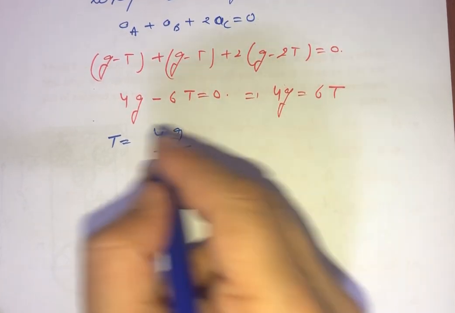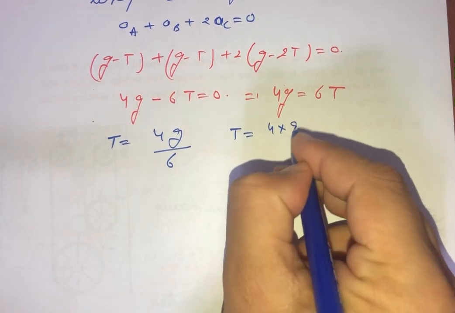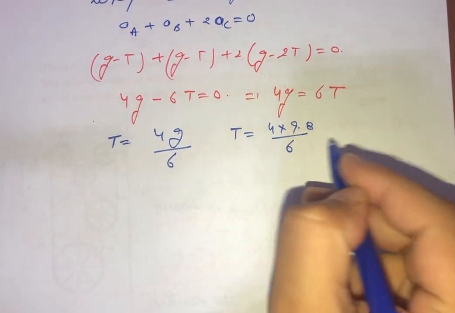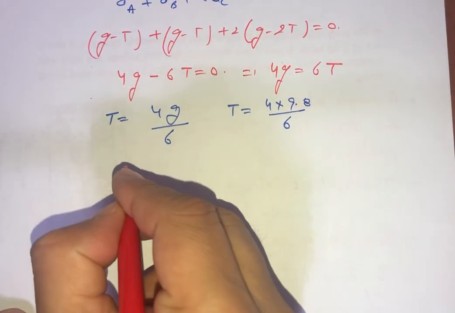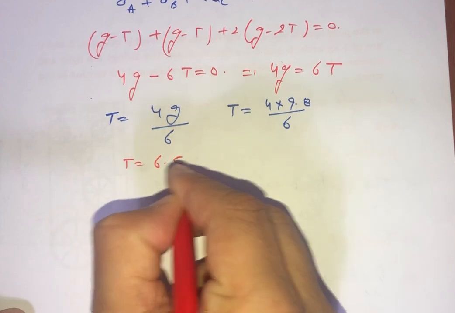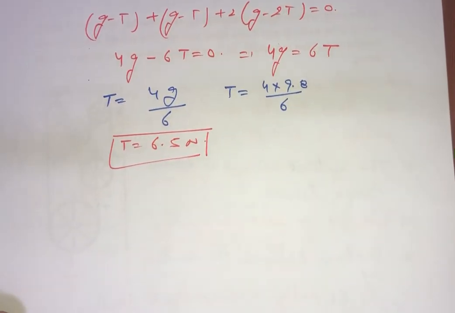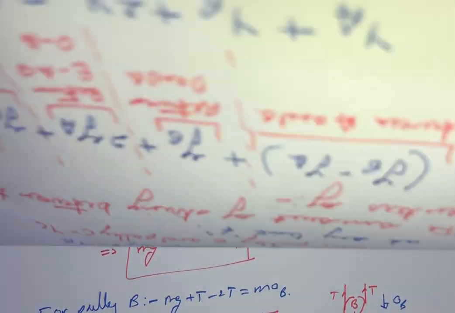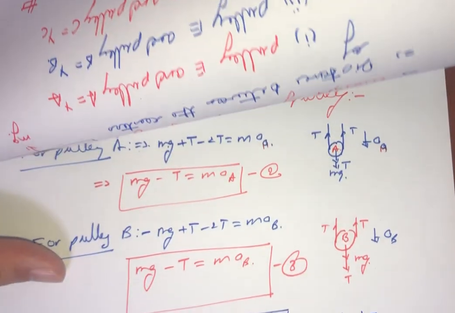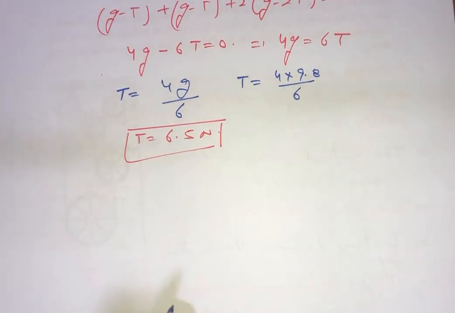So taking g as 9.8, tension is equal to 4 into 9.8 divided by 6, and this will give us tension as approximately equal to 6.5 newtons. This is the value of tension. And now we are going to find out our acceleration. Acceleration of A as well as B will be the same.